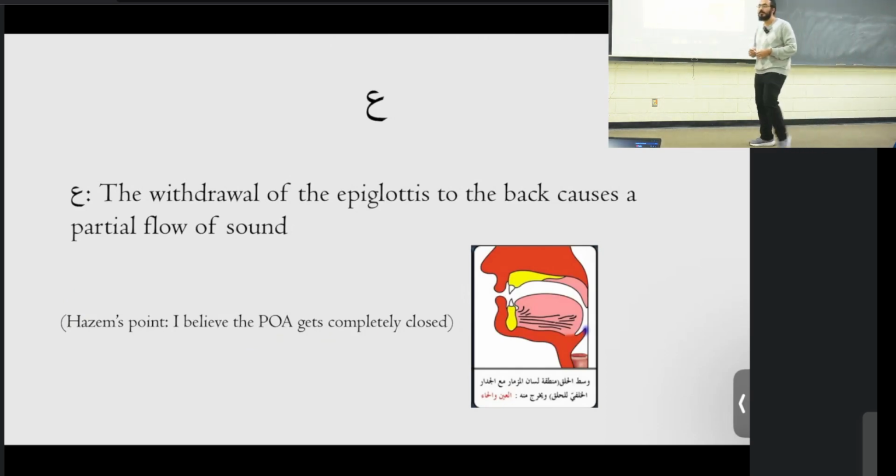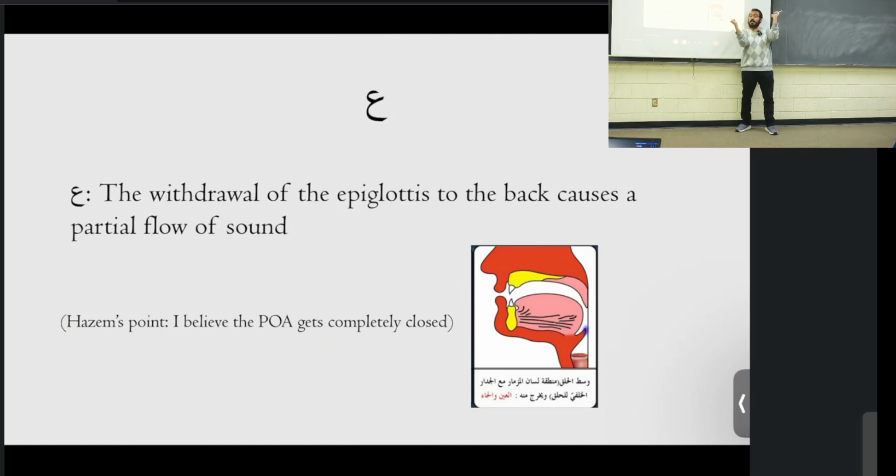Ayn is similar. Try to say ayn. It closes. In ha, for example, we said in the place of articulation, this area goes here and does not close. In ayn, it closes. Actually, I'm pretty sure it fully closes.